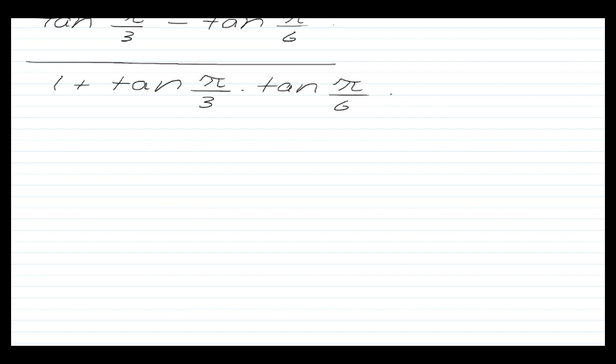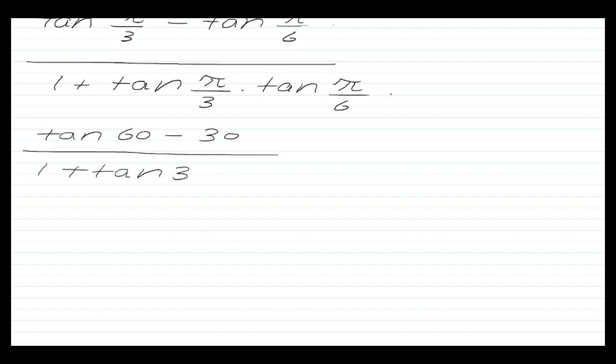That is 60. So we can write tan of 60 subtracted from tan of 30 because 180 by 6 is 30. Then we will use the division sign and we will just write 1 plus tan of 60 and then it will be multiplied with the tan of 30.